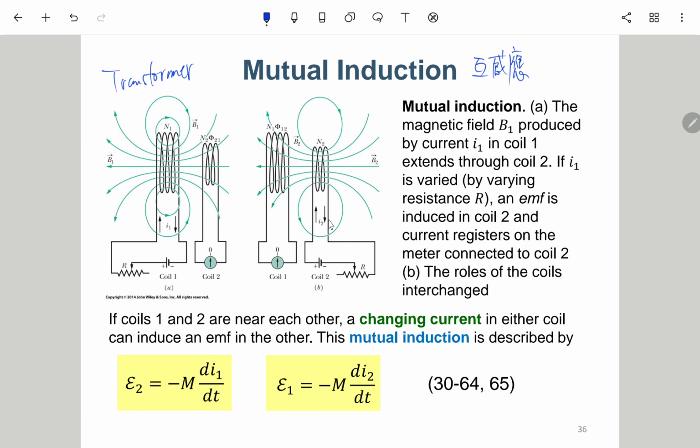The equation is somewhat similar to self-inductance. For self-inductance, it is E equals negative L di dt, or usually I will write it as V equals L di dt. E and V just take the opposite sign.